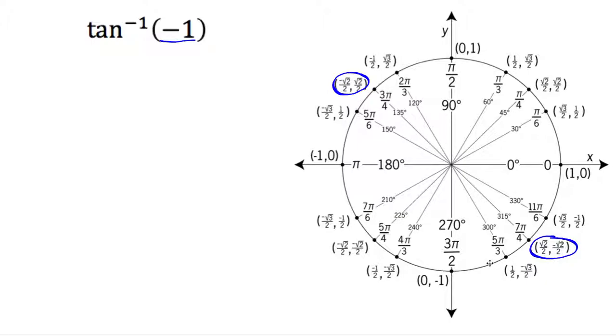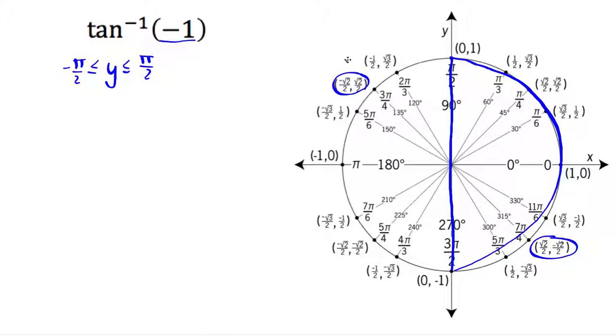So what's the correct answer? Well, remember, for the tangent, y must be between pi over 2 and -pi over 2. So that eliminates 3 pi over 4.